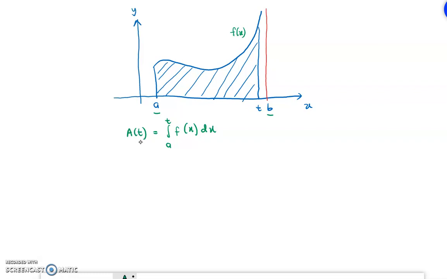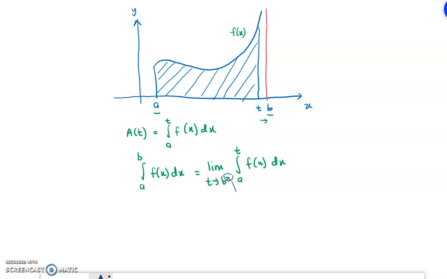The area A(t) will approach a definite number A as t approaches b from the left-hand side. So we can say that the integral of f(x) dx from a to b can be written as the limit, as t approaches b from the left side, of the integral from a to t of f(x) dx.